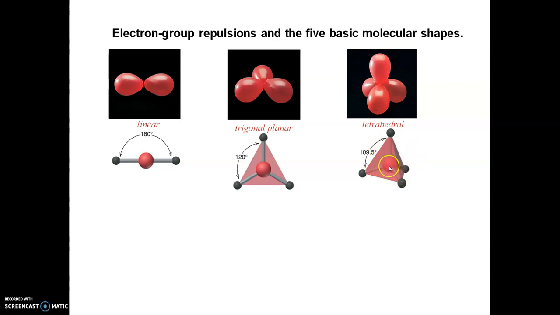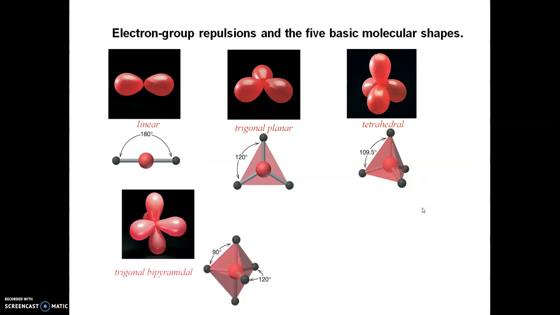So notice the central atom, and then 1, 2, 3, 4 bonds or lone pairs pointing to the corners of the tetrahedron. A tetrahedron is just an equilateral pyramid. Now, if you have 5 pairs, which means you have to have an expanded octet, don't you? Now you get what we call trigonal bipyramidal.